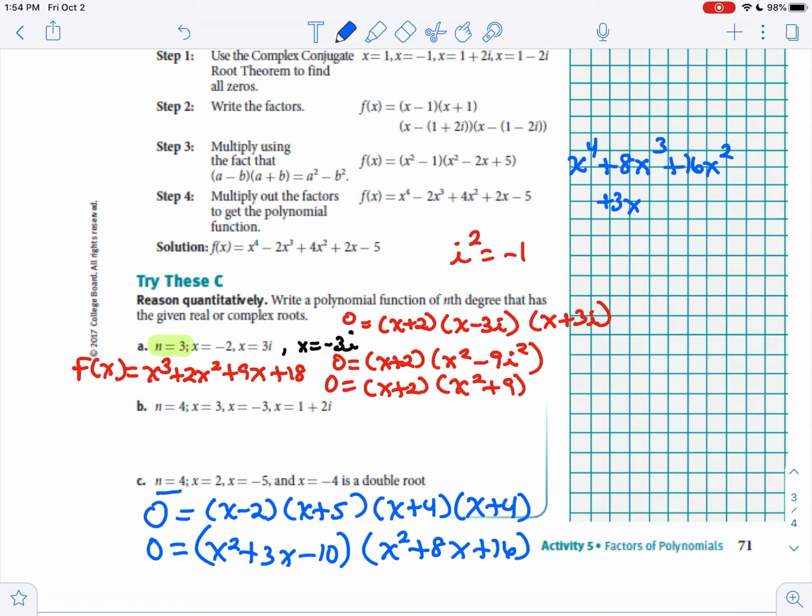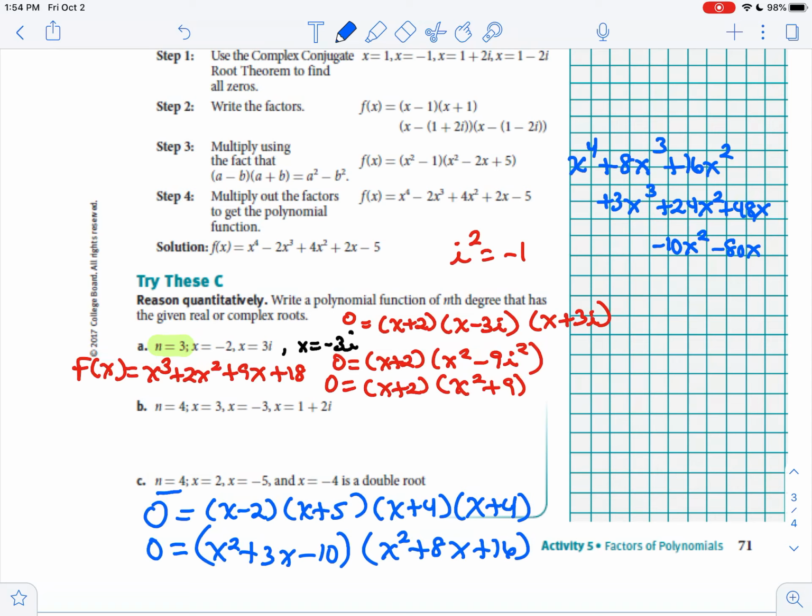I'm going to start lining things up underneath, because now I'm going to distribute the 3x. So I get 3x times x squared is 3x cubed, and then plus 24x squared, and plus 48x. Okay, and then in our last distributive, we have -10 times x squared, which is -10x squared. -10 times 8x, -80x.